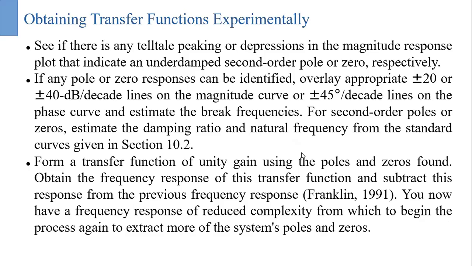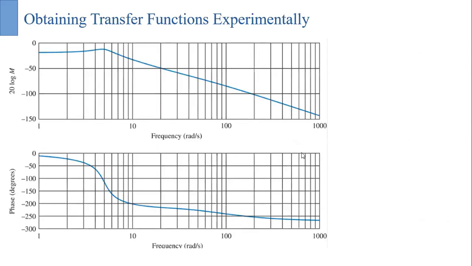So the bottom line is, if you have a given curve, you have to see whether there is a peak or not. As you can see here, we have a peak at 5. This peak only occurs for a second order system, and the frequency corresponding to it is 5, so this is your omega n.